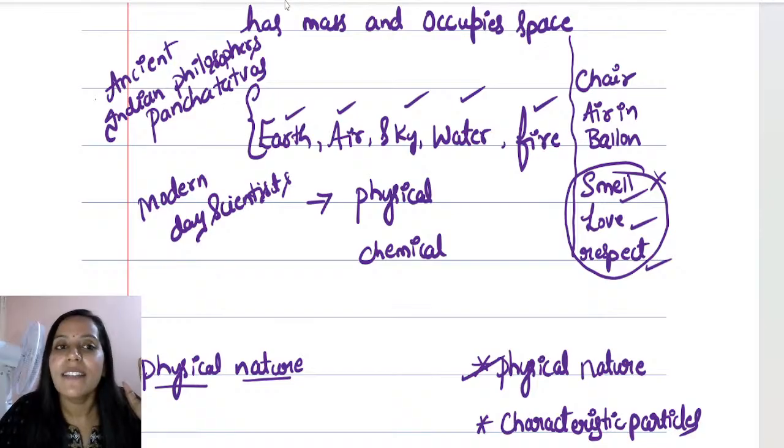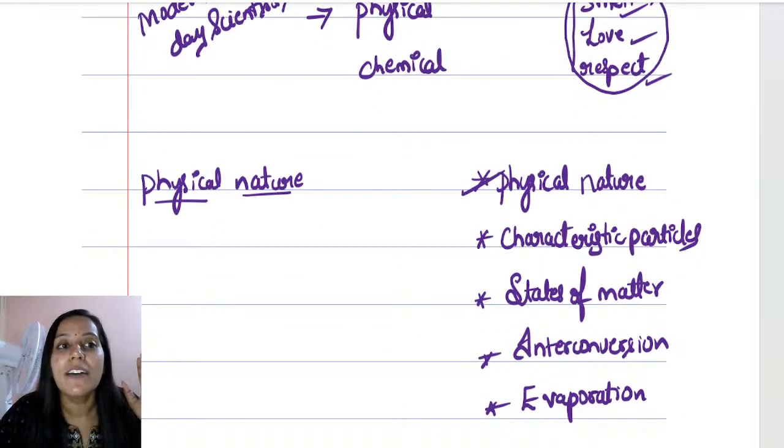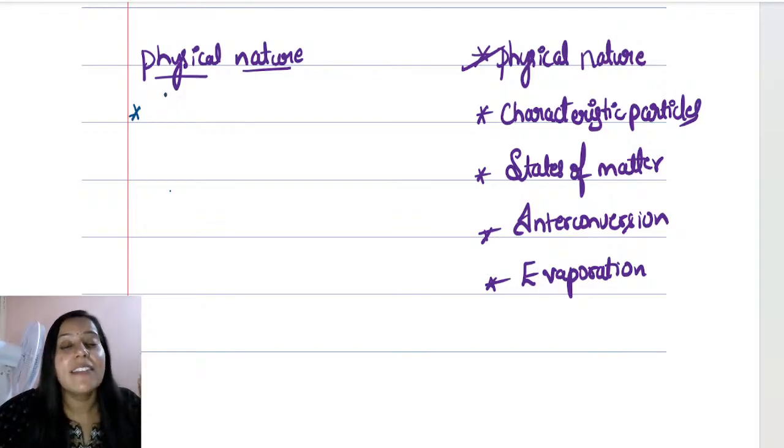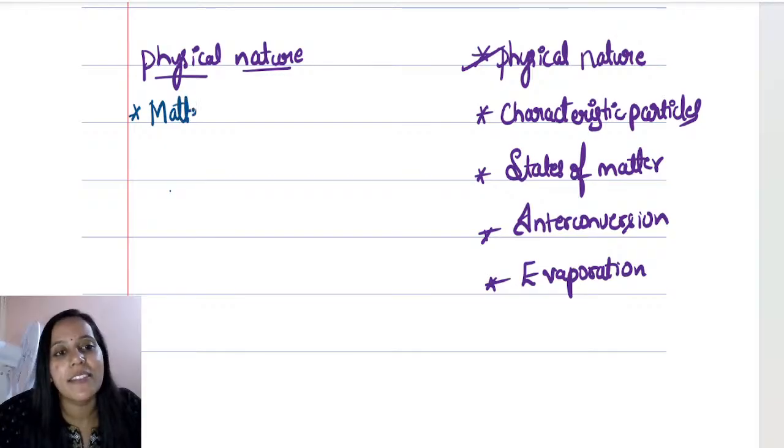As I told you, I will be talking about the physical nature of matter, so let me start with the first physical nature of matter. The first physical nature is that matter is made up of small particles. I will show you how this statement is going to be proven.